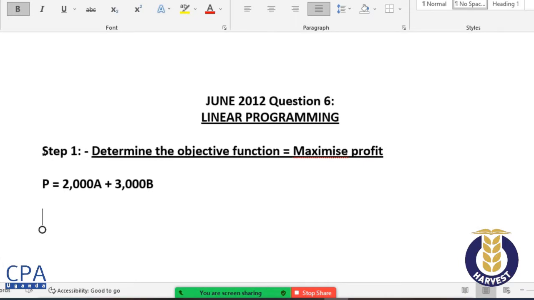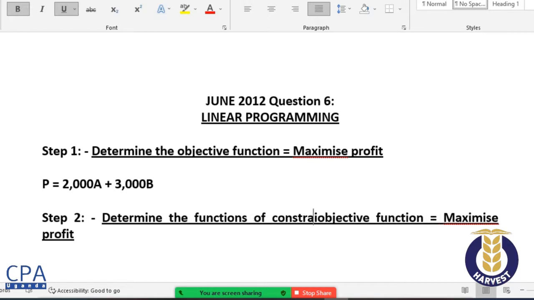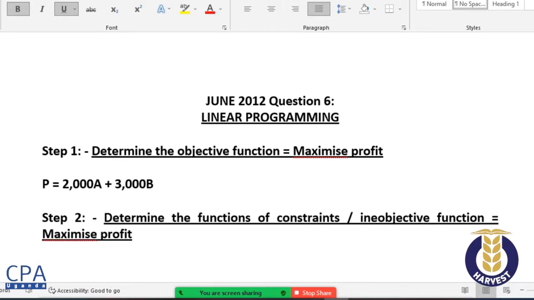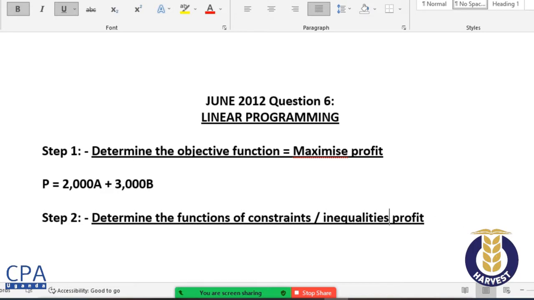Next, after getting the objective function in step number 1, we move into step number 2, where we determine the equations of constraints, or the functions of constraints, or simply the inequalities. Get the inequalities.